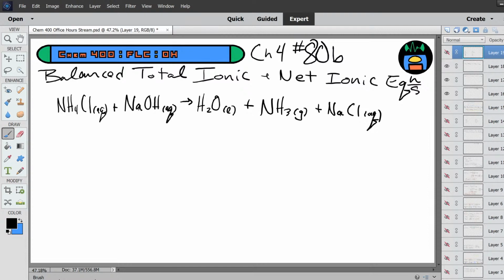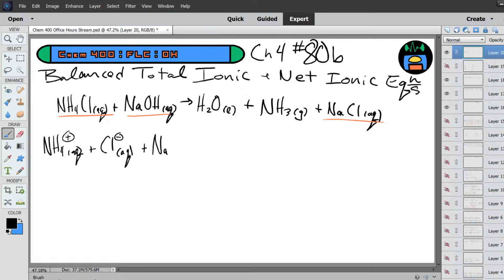Next, we need to write our total ionic equation. So we're looking for all of our aqueous ionic compounds, and we're going to separate those ion pairs. So aqueous ammonium chloride separates into aqueous ammonium cations plus aqueous chloride anions.